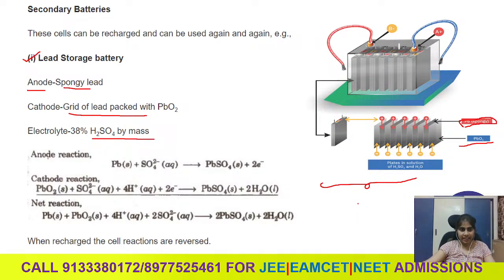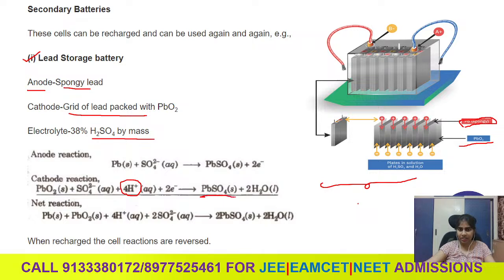What happens, the reaction here at anode is that the lead reacts with the sulfate ions and is converted into PbSO4 by releasing 2 electrons. And at cathode, since this is in its oxide form, lead oxide, this reacts with the sulfate ions in the electrolyte and with the H plus ions in it. Since it is an acid, it releases its H plus ions, and it gains 2 electrons.